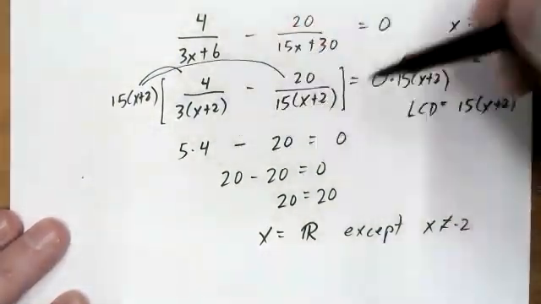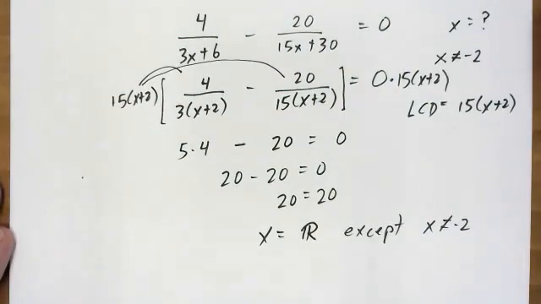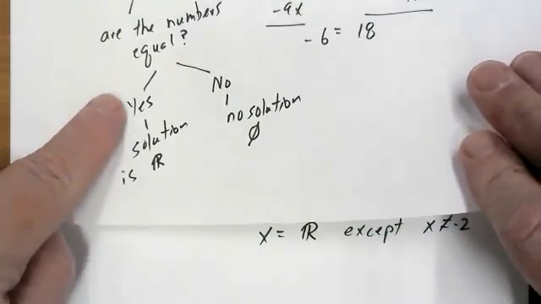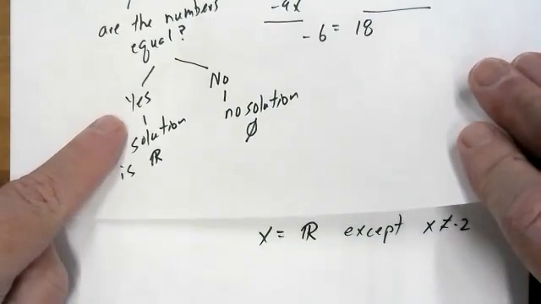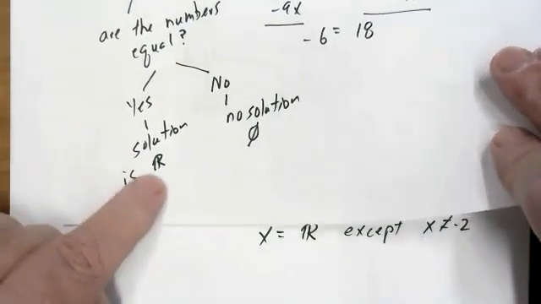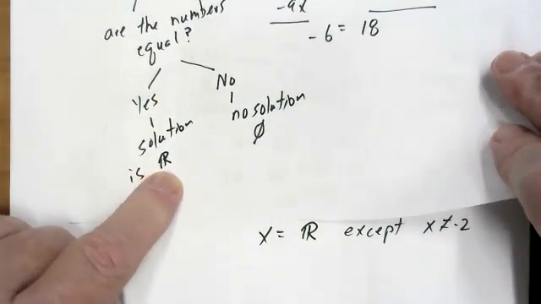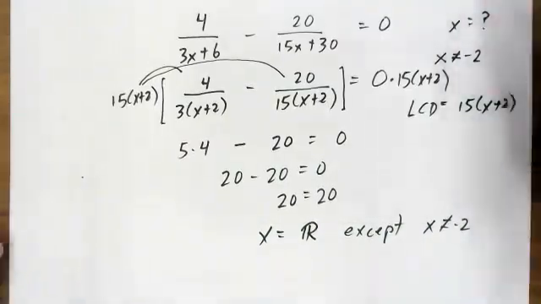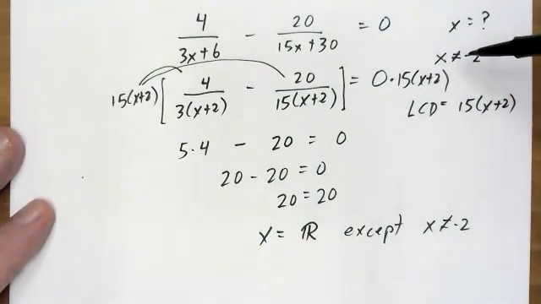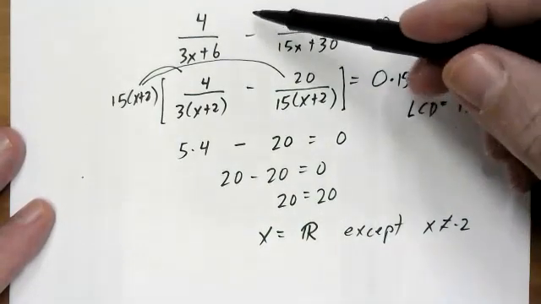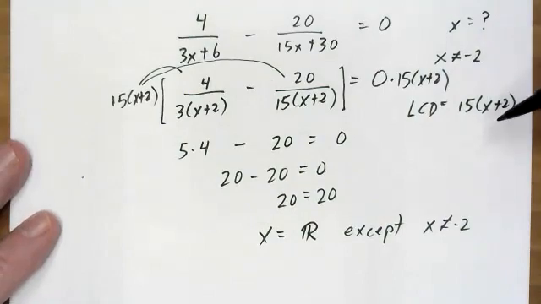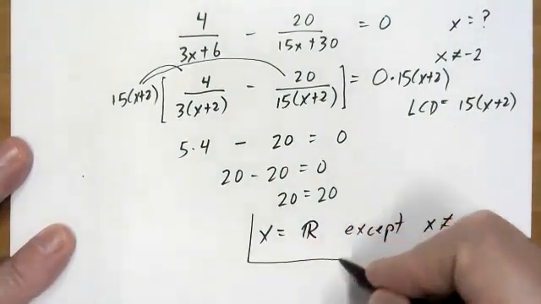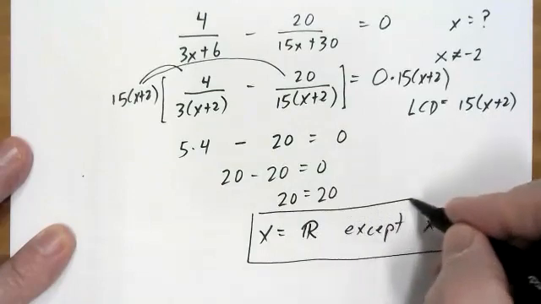So this is an interesting little twist on when you're solving an equation and your variables disappear and the numbers you have left are the same, and automatically you just think to yourself, oh, okay, this is the case where the solution is all real numbers. Well, yeah, it is, except you still have to take into account the initial rational expressions. So then this would actually be the solution.